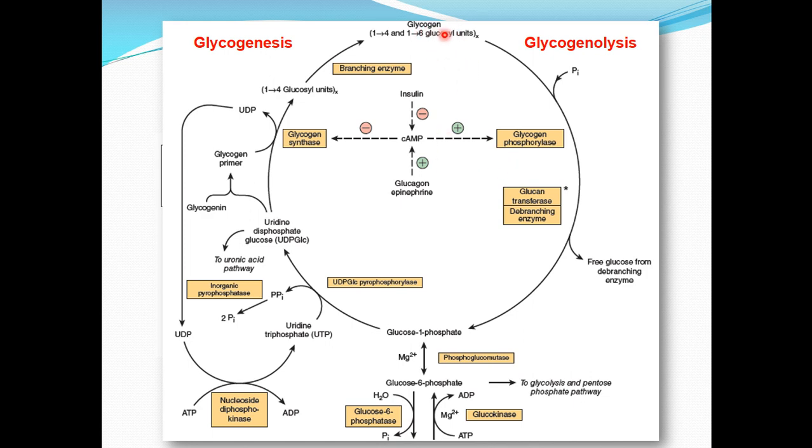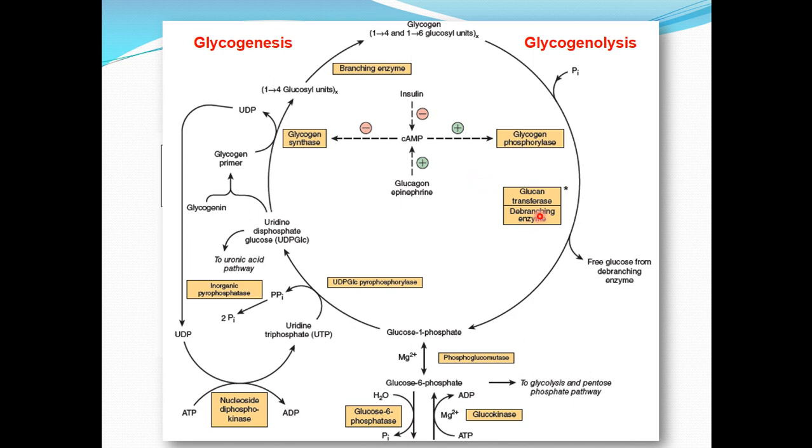The terminal glucosyl residues from the outermost chains of the glycogen molecule are removed sequentially until approximately 4 glucose residues remain on either side of the alpha-1,6 branch point. Means there will be a sequential removal of terminal glucose from glycogen molecule till 4 residues remain on both sides of the branch point.